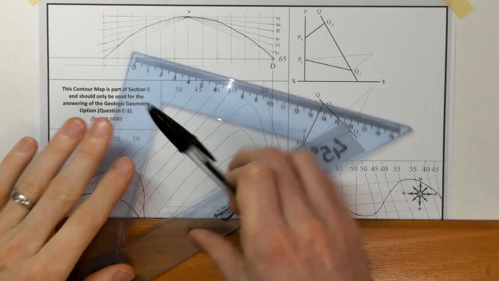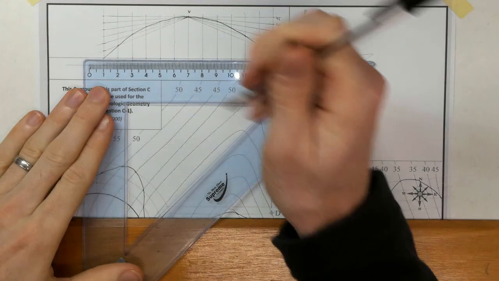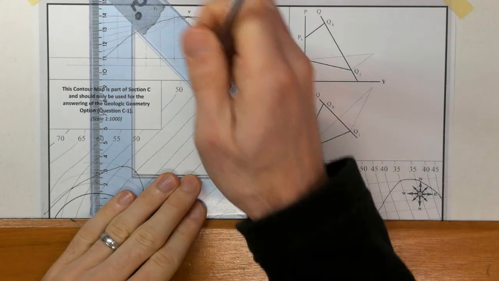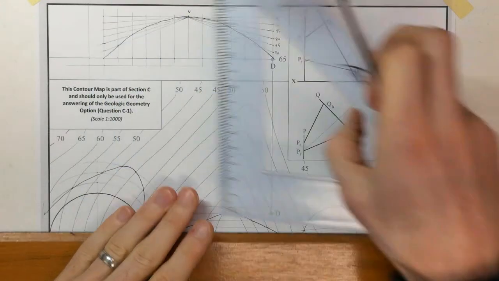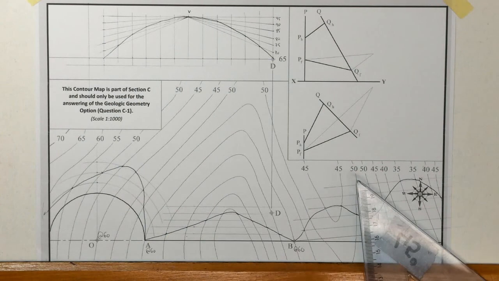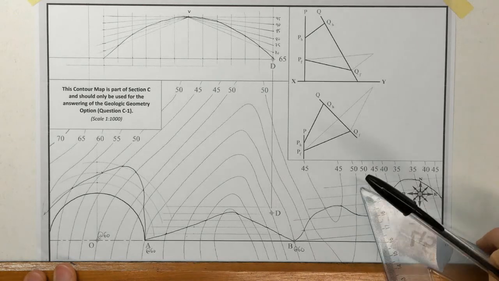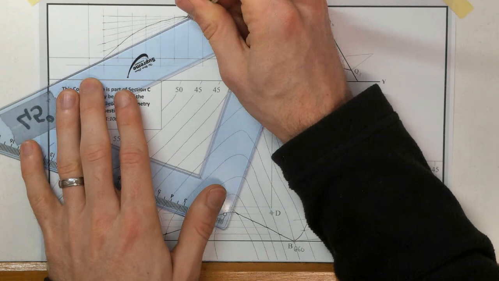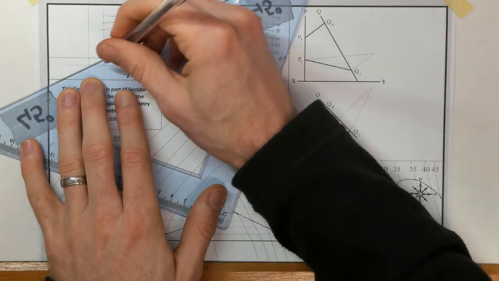So let's measure out another 10 mil into it. Okay, and that should be the position. Okay, we should extend these numbers out.